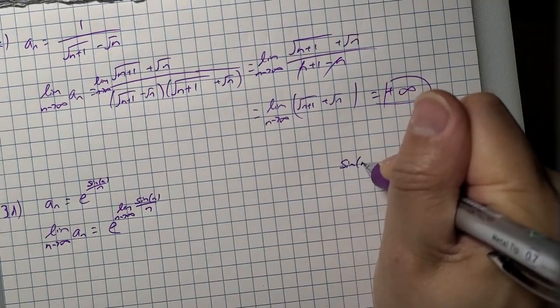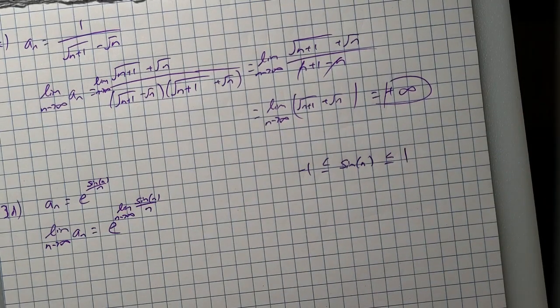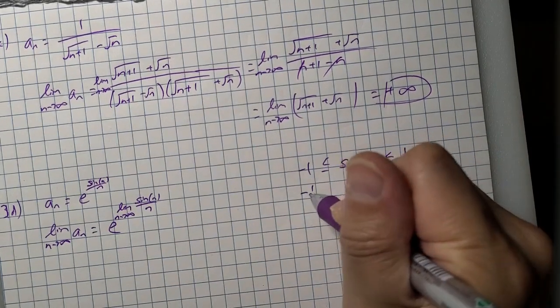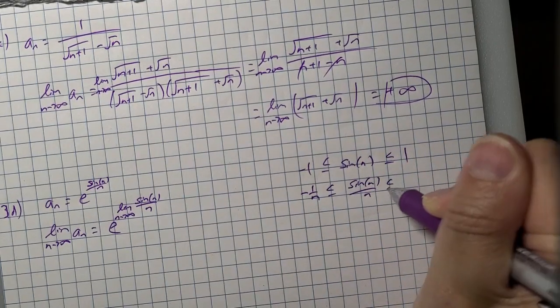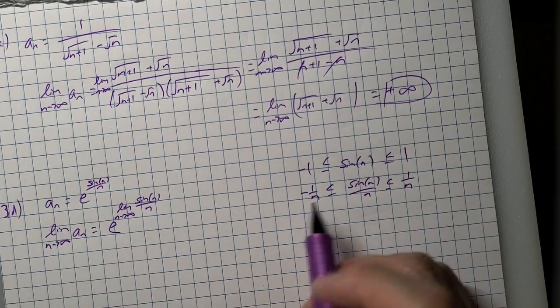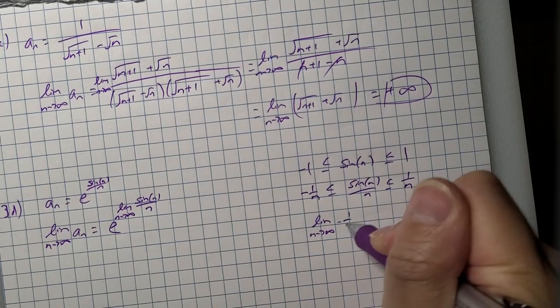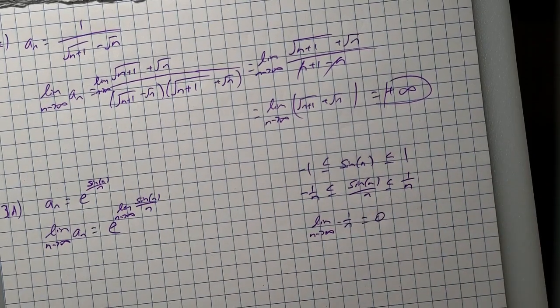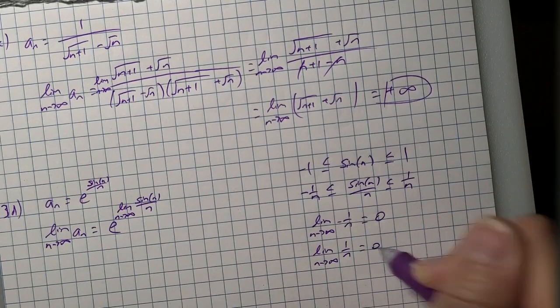Remember the squeeze theorem? We know that sine is between minus 1 and 1. We multiply everywhere by 1 over n, so it looks like this in the middle. We know that the limit as n goes to infinity of minus 1 over n is 0, and the limit as n goes to infinity of 1 over n is also 0.